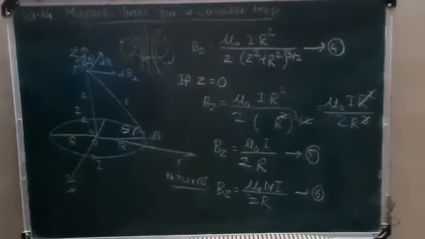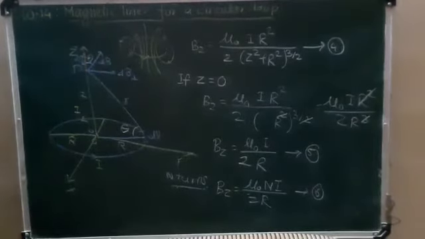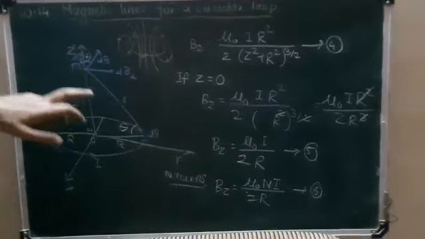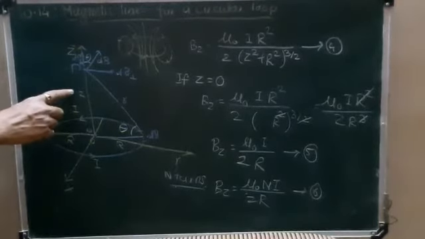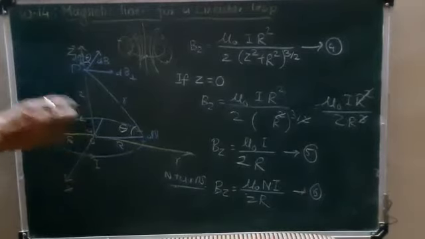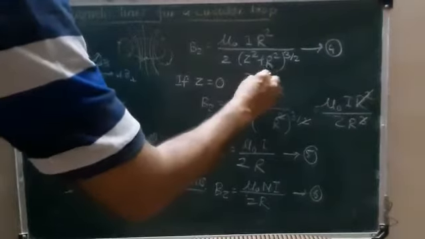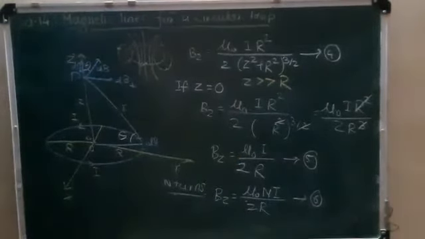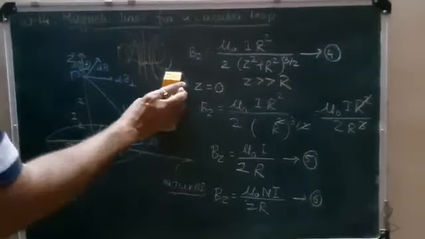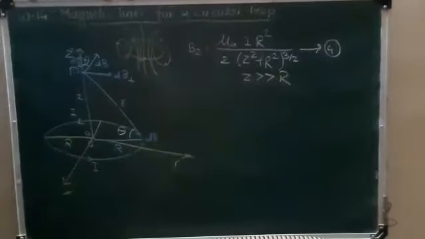Now we have to discuss the circular loop as a magnetic dipole. If this circular loop carries current, this magnetic dipole is present. At this time, if we say that this Z is very far away from this point, that means Z is much greater than R, then the corresponding equation changes as follows.